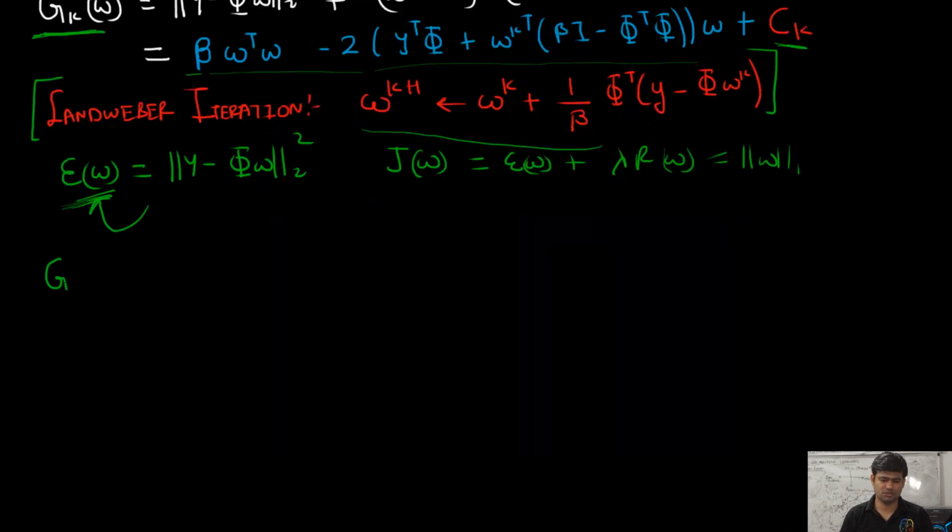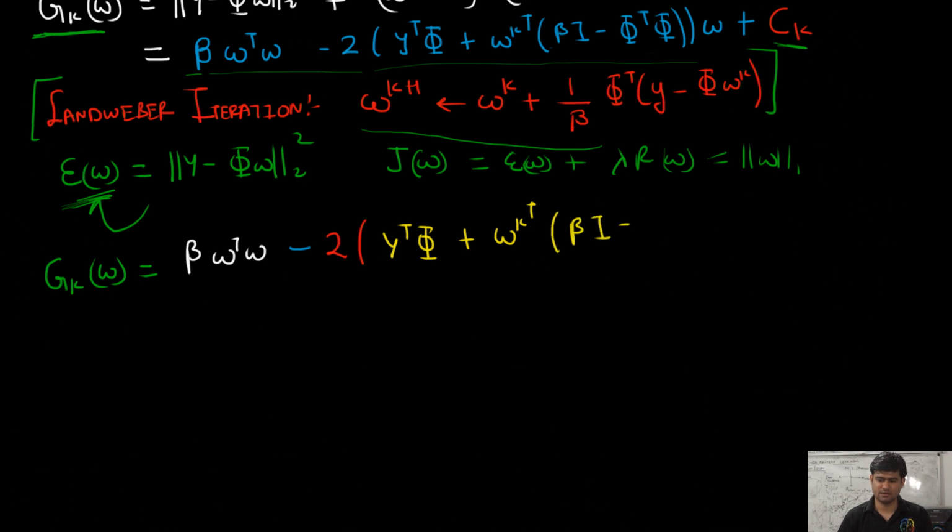So we have g_k equal to beta times w transpose w, minus twice of [y transpose phi plus w_k transpose times (beta I minus phi transpose phi)] times w, plus the constant c_k.